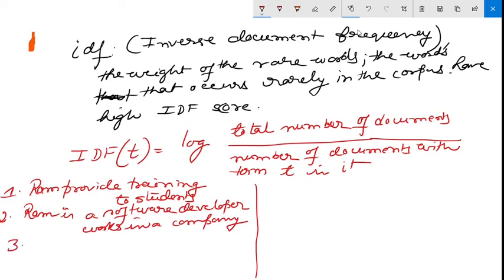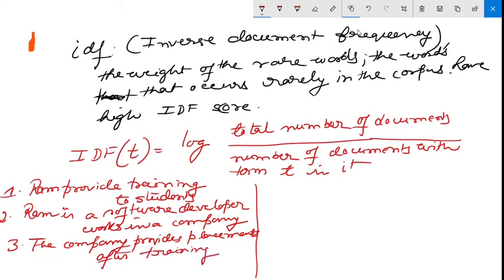Number 3: the company provides placement after training.